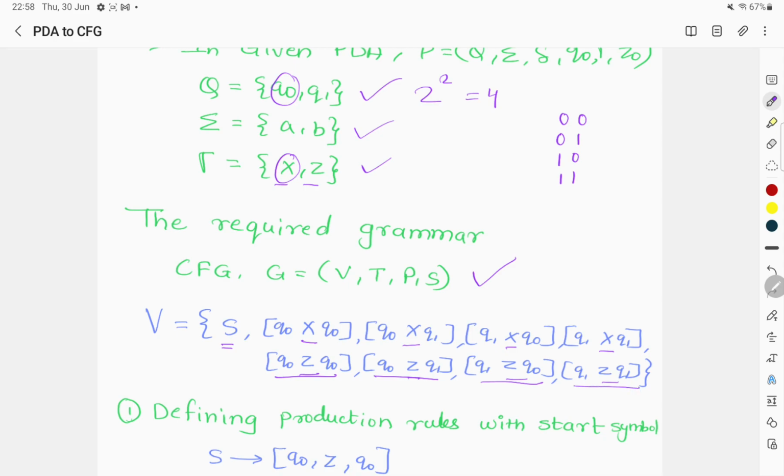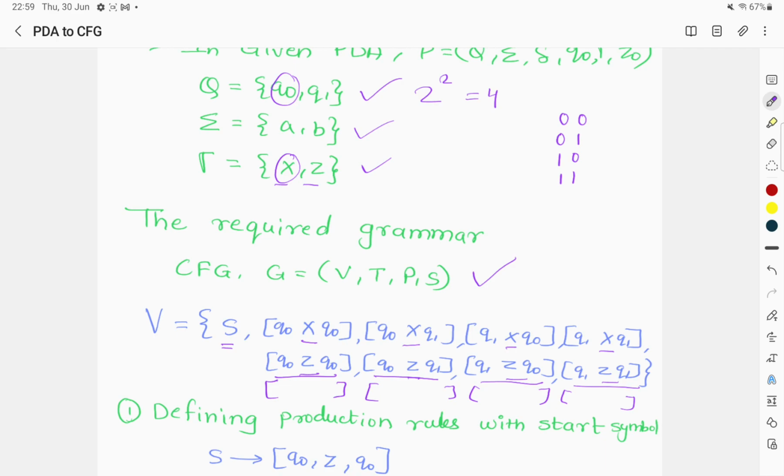So I hope you understood how I have written all the states. If I have another symbol X, Y, Z, then again there will be 4 new boxes. If I have more states, Q0, Q1, Q2, then it will be 2 raised to 3, and I would have that many combinations for each of the symbols.